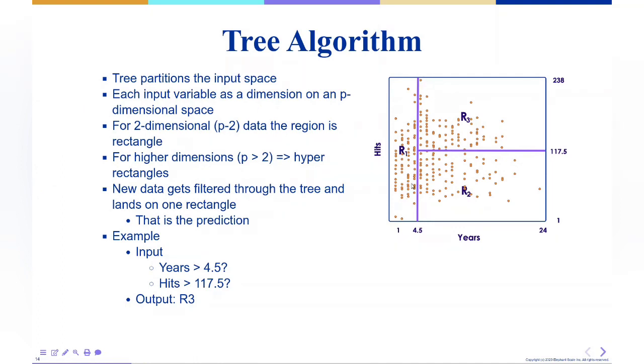Now, once the split is made, for the next split they are only concerned about this region. They don't care about this region anymore, because this is done. Next time I'm only concerned about these 2 guys. Remember, greedy. You can make a case and say, maybe in the first step, if instead of 4.5 I chose 10, and in the next step, instead of 107 I chose 100 or something, I would get a better tree.